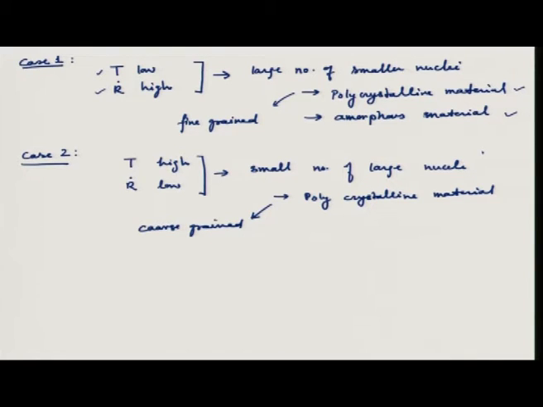So, a small number of large nuclei. These are large and they are growing, but the number is small. Each grain which comes from each nucleus will form one grain, and it will be a very coarse grained structure. Now, similar to this case, if we take it to the other extreme, it will result in single crystal or epitaxial growth.